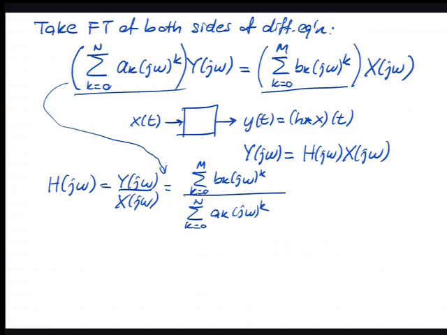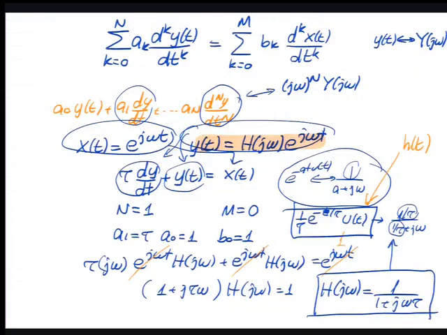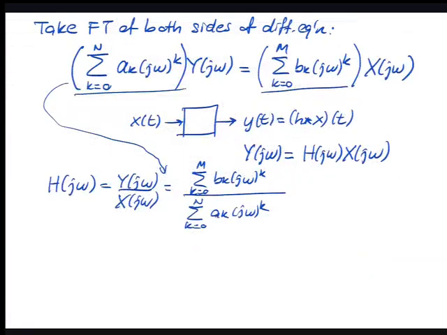So if your differential equation is this, then your frequency response is equal to this rational term. Right? So we already saw a first order example, but that easily generalizes to any order system.